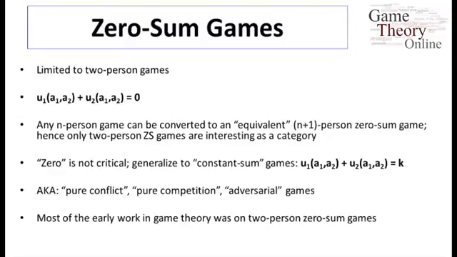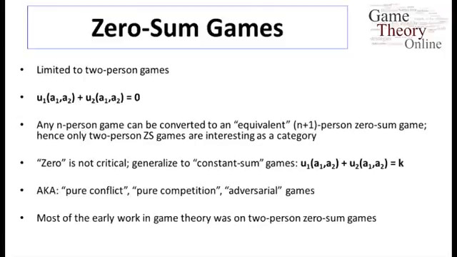So really, as a category, that's not an interesting category unless we restrict ourselves to only two players. Here's another point, and this is a very important point: zero really does not play any particular role here. You can take a game and perturb all the payoffs by what's called a positive affine transformation. That is, either multiply all the payoffs by some positive constant, or add a constant to all the payoffs, a constant that's positive or negative in this case, and the game really has not changed at all.